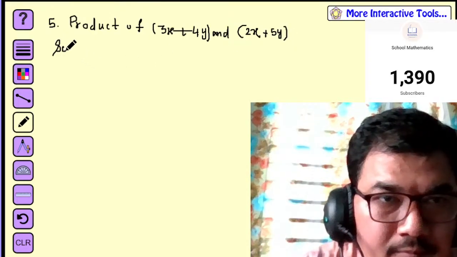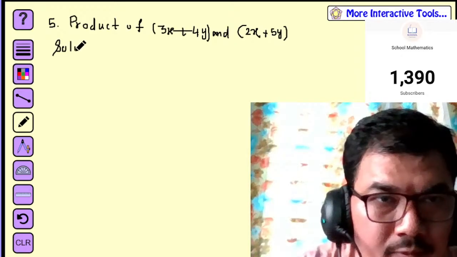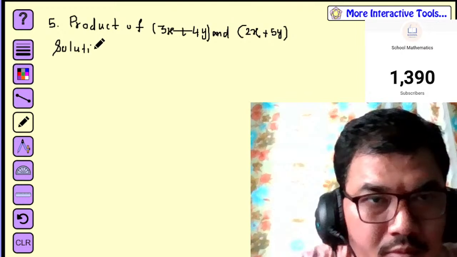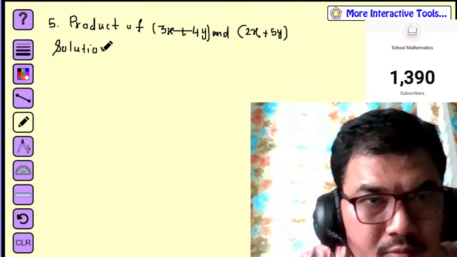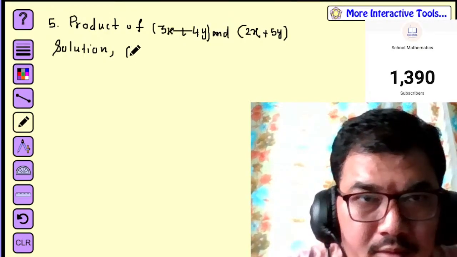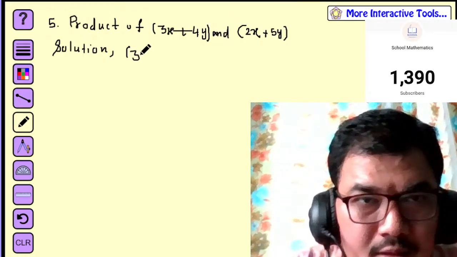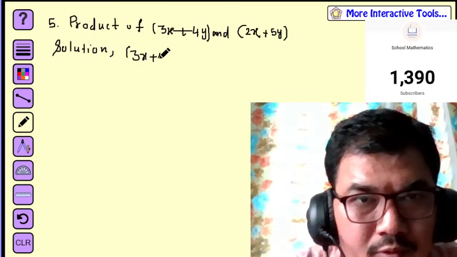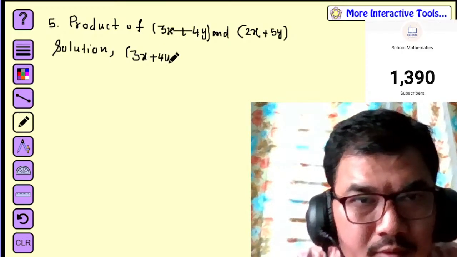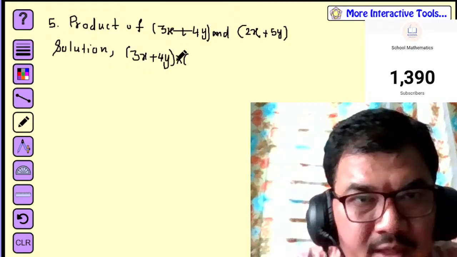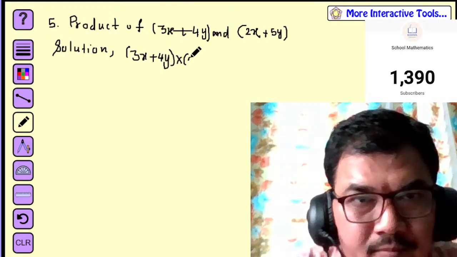See here, write the solution. Then mention the question again, 3x plus 4y. If it is asked to find the product, write a multiply sign, or if you don't write multiply, putting the brackets only is also okay.